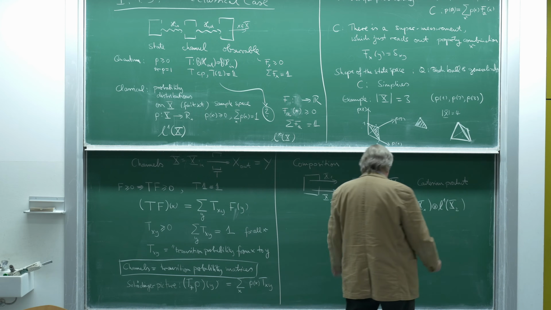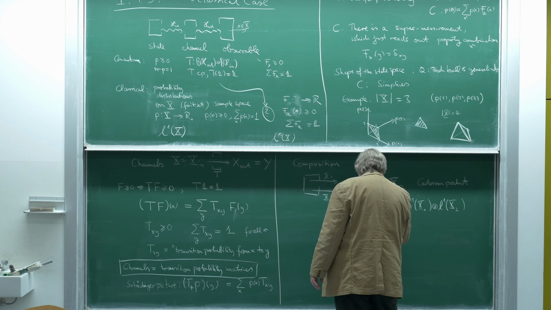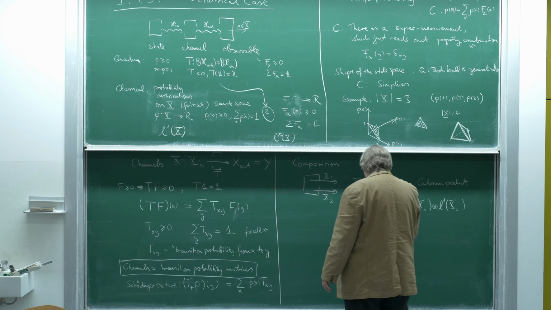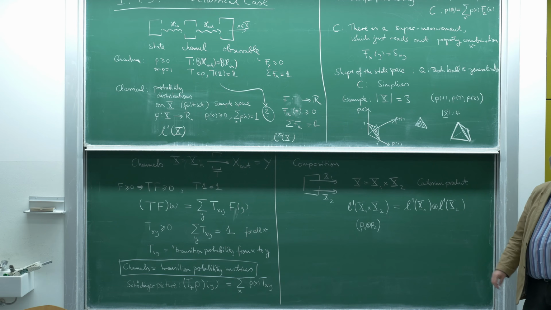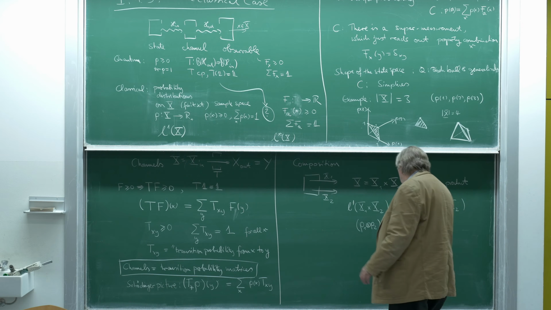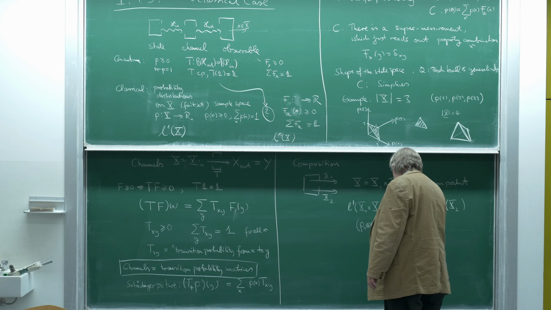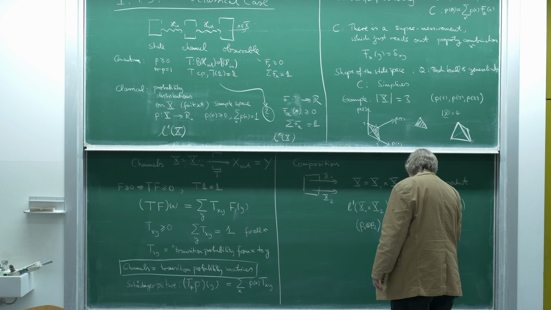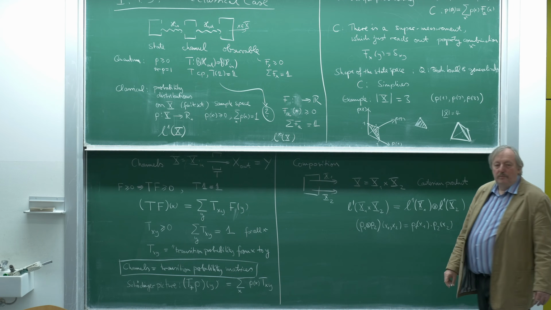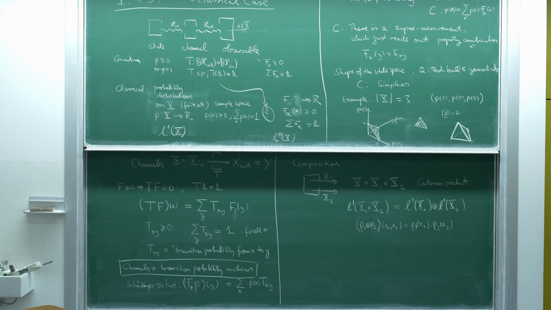So this actually means that rho 1 tensor rho 2 is a probability distribution, two independent preparations, one of system 1 and one of system type 2. So this becomes a function of two variables, and that's just a product. So this is just independent preparation of the two possibilities.